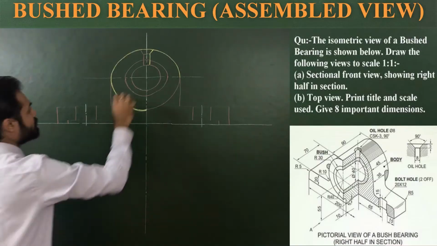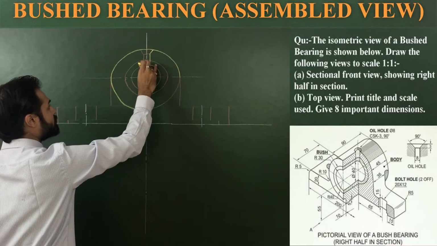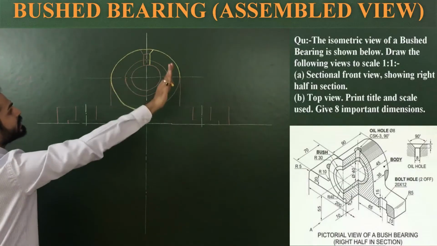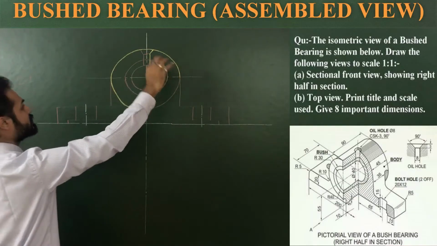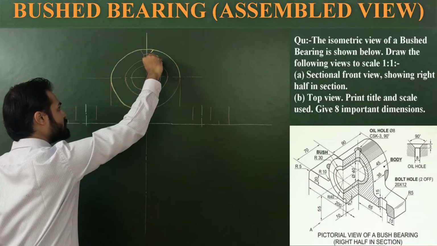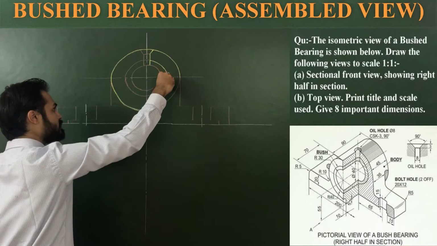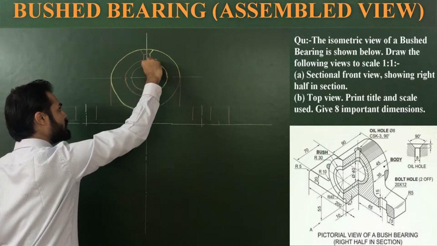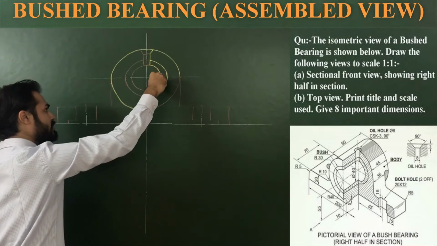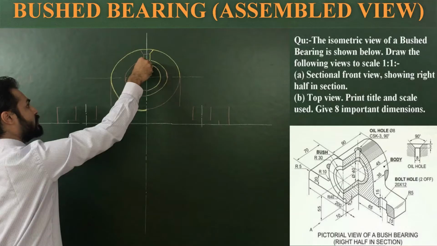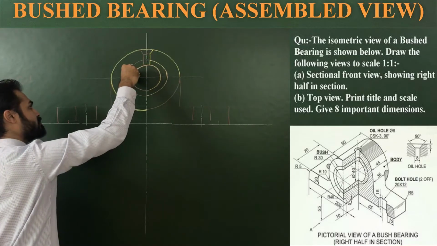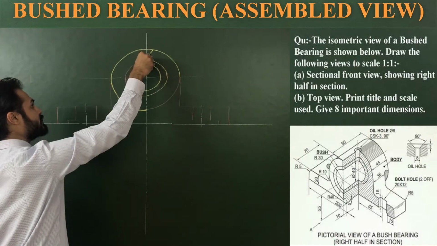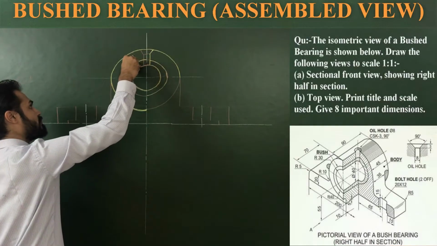Now we are trying to draw its right half in section, front view right half in section. So this part is visible, yes, this is a visible part, this is also visible. Use dark pencil, left side and right side, yes, left and right, yes.